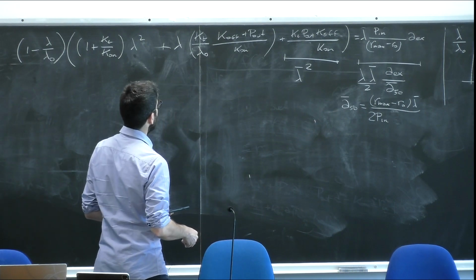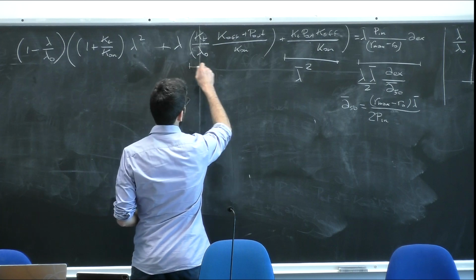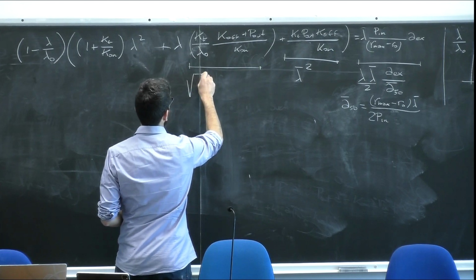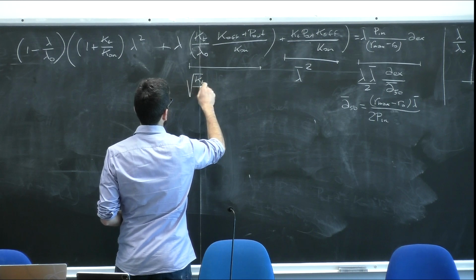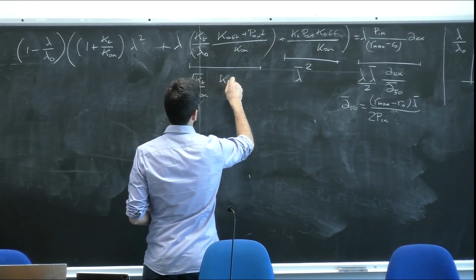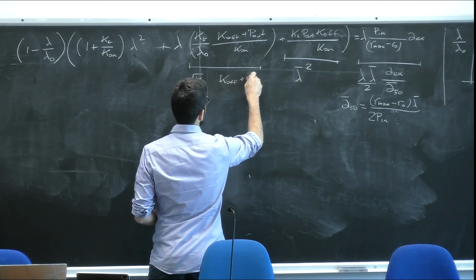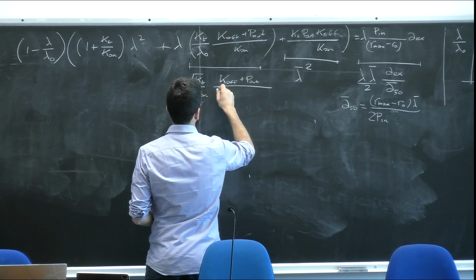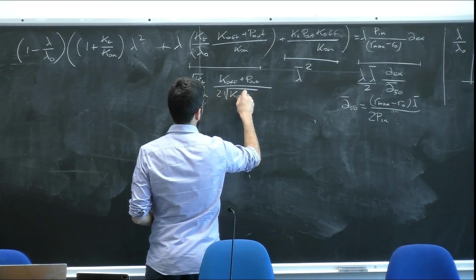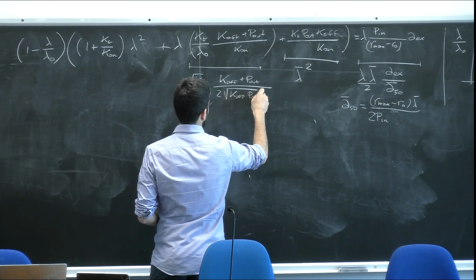Now, this term here, using this definition, you can define it as kappa t over k on times k off plus p out over 2 square root of k off p out.